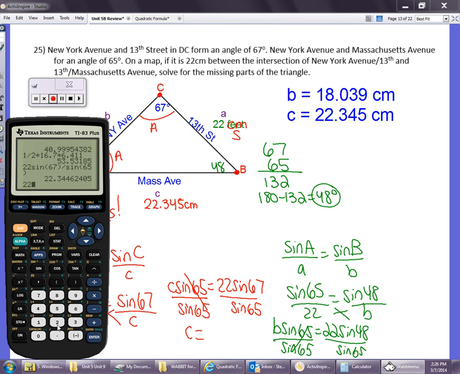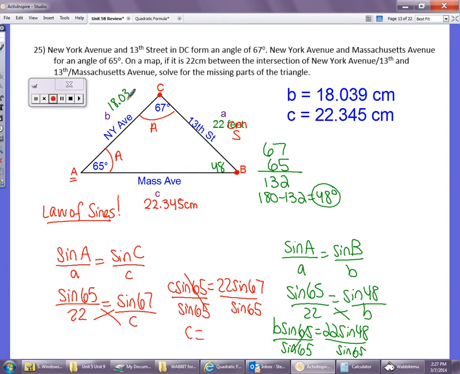So 22 sine 48, close parentheses, divided by sine 65. Press enter, and I have 18.039. The fourth number is 3, so it can stay as 039. And those are my answers.